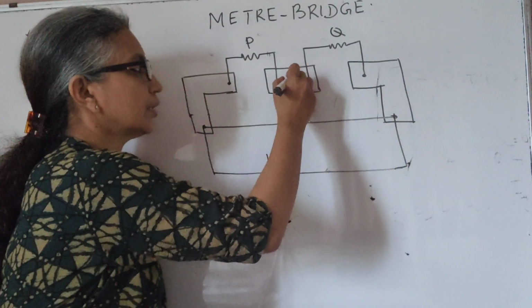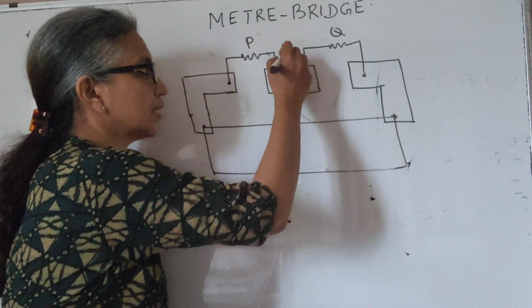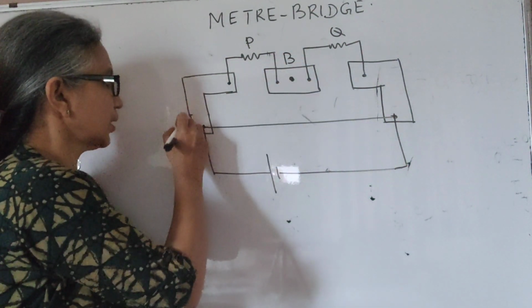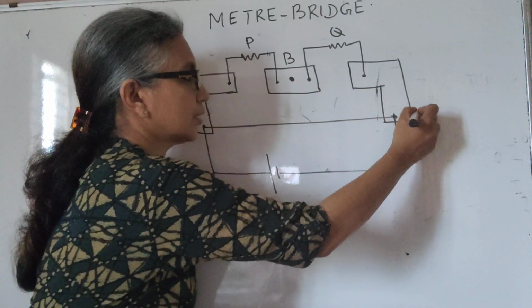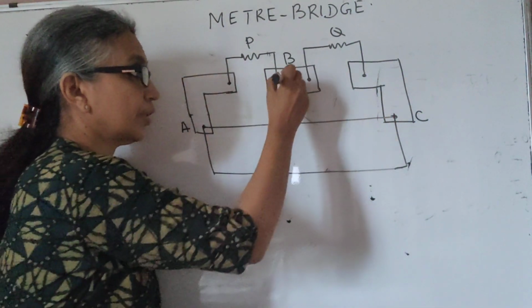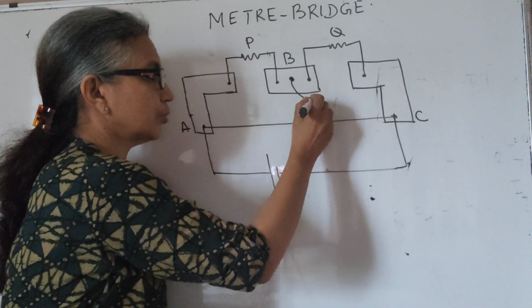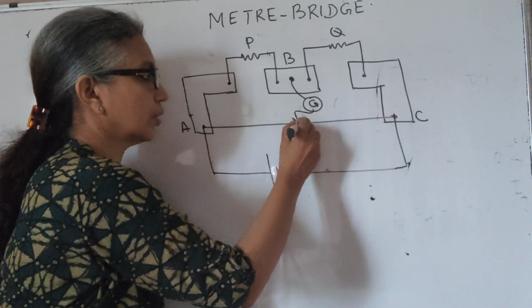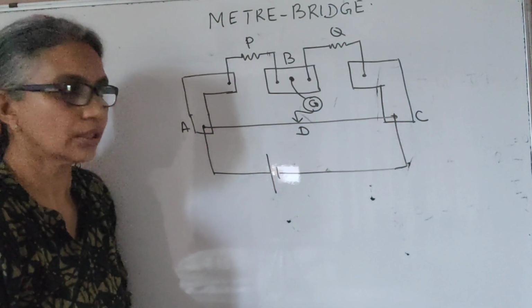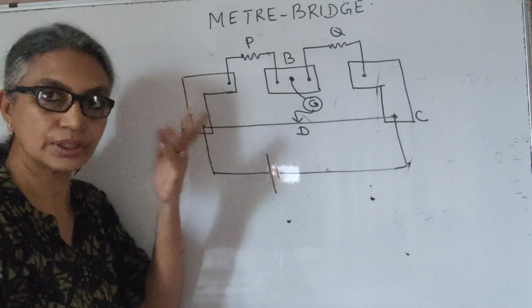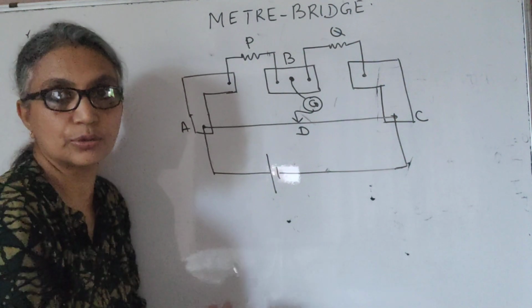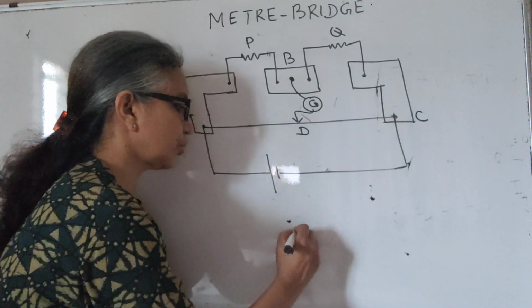Now we will take this as point B, this as A, this as C, and we will have a galvanometer which is connected to point D. Now this, if you see, is actually our Wheatstone bridge. Let me show you how. See, our Wheatstone bridge was like this.